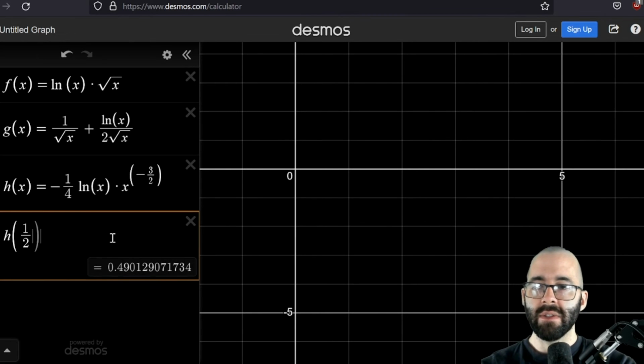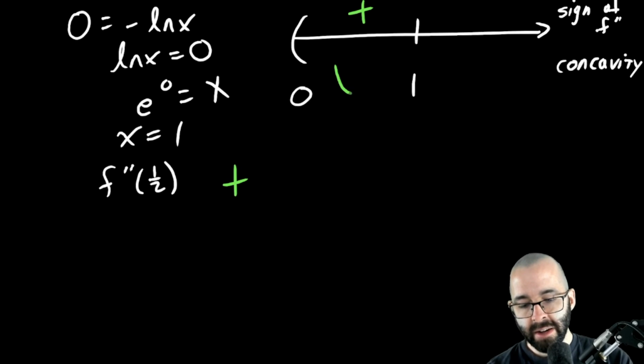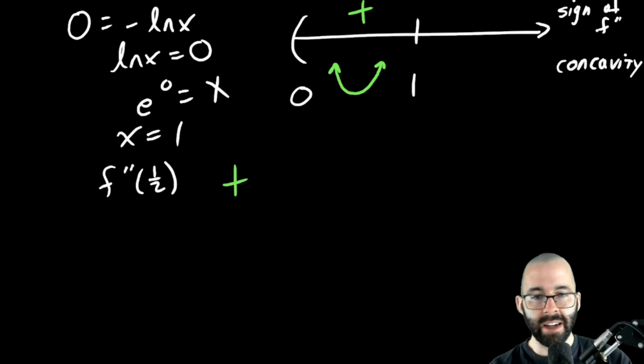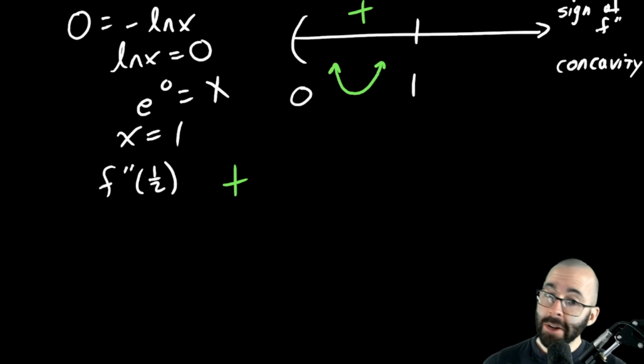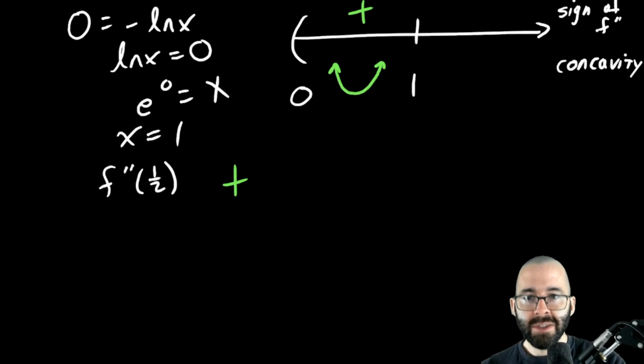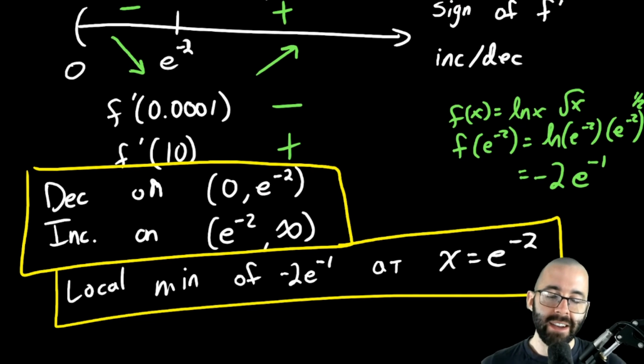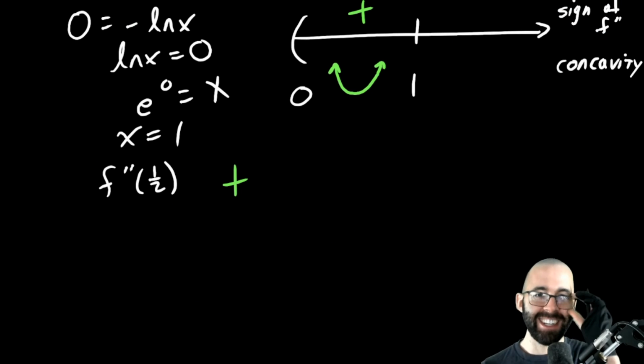Second derivative at 1/2 is positive, which means that in this entire interval from 0 to 1, it should be concave up. And if there's any critical points in that interval, it should be local minimums, local minima. So let's go back and make sure and check that it was indeed a local minimum in that interval. Great. If they were not, that would be a dead giveaway that something was wrong.